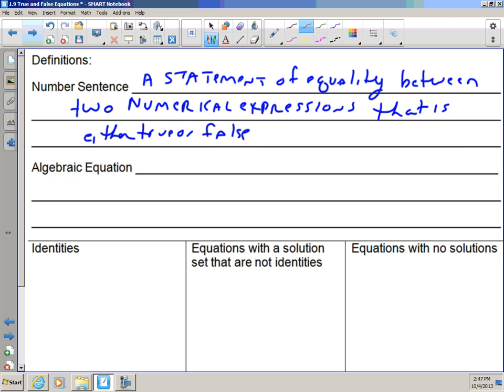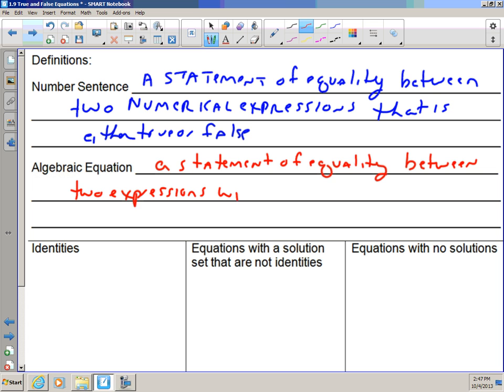An algebraic equation is a statement of equality between two expressions which can be either numbers and/or variables.